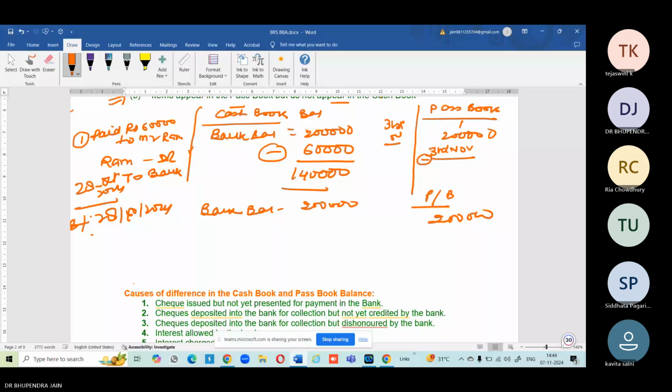Same, suppose on 29th of October, one of the persons who is a debtor directly deposits 20,000 rupees in your account.